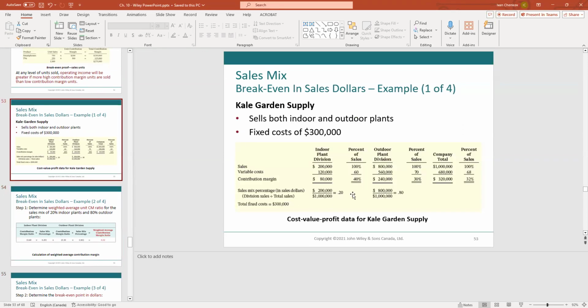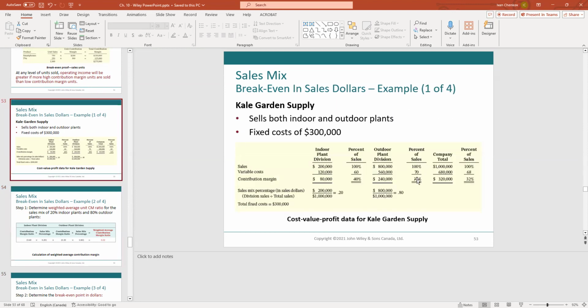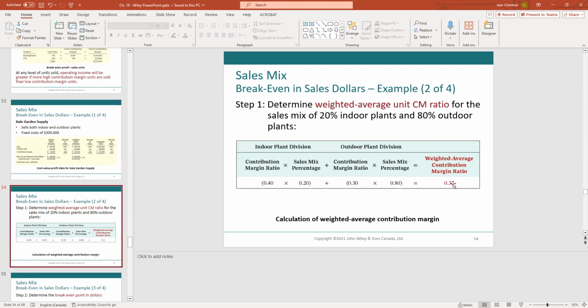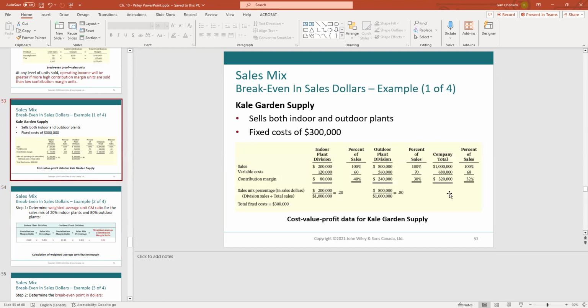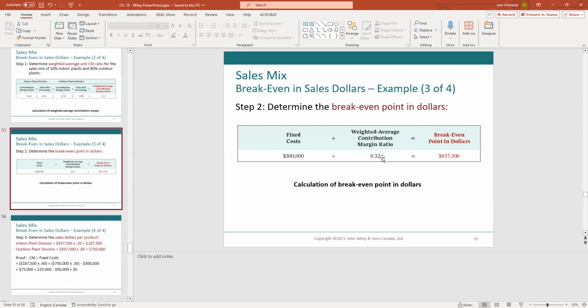In this case, the sales mix percentages will be 20 and 80. So we get the contribution margin ratio of 40% times 0.20, and then 30% times 0.80. It gives us a weighted average contribution margin of 0.32, or 320 divided by 1,000, which is again 32%. Then we apply the 32% to get the break-even point of sales.